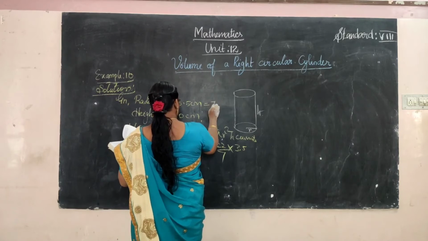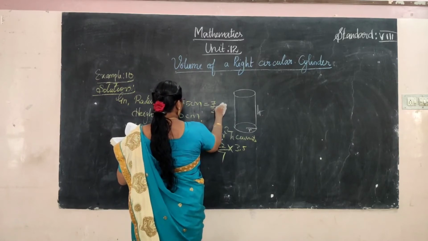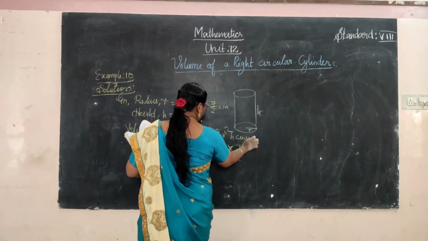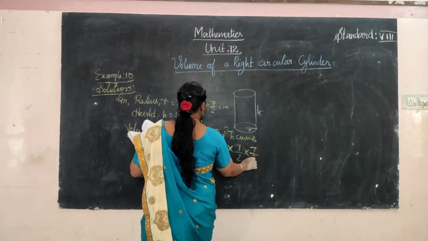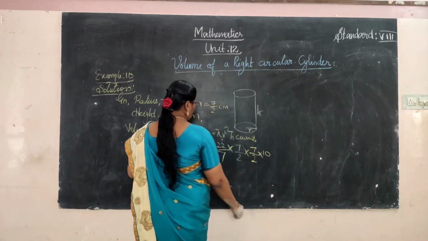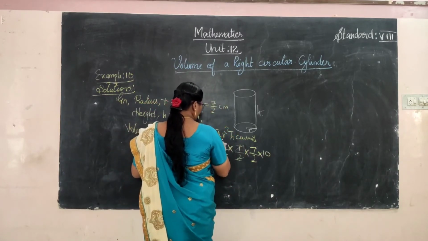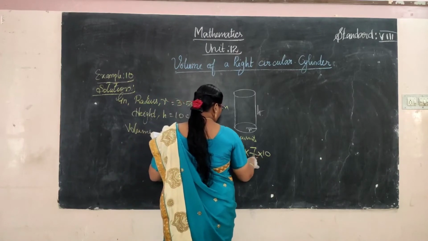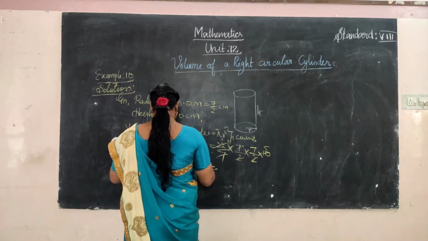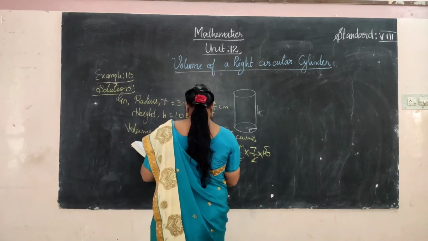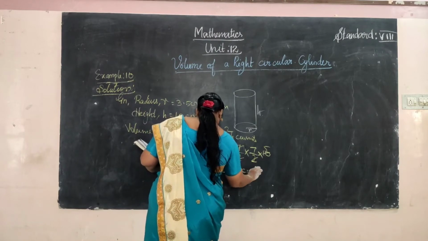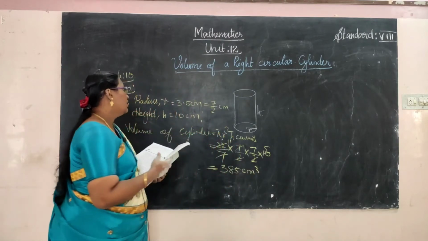So 22/7 into 7/2 into 7/2 into height value 10. Cancelling, 11 fives are 55, and 55 into 7 is 385 centimeter cube. That's all.